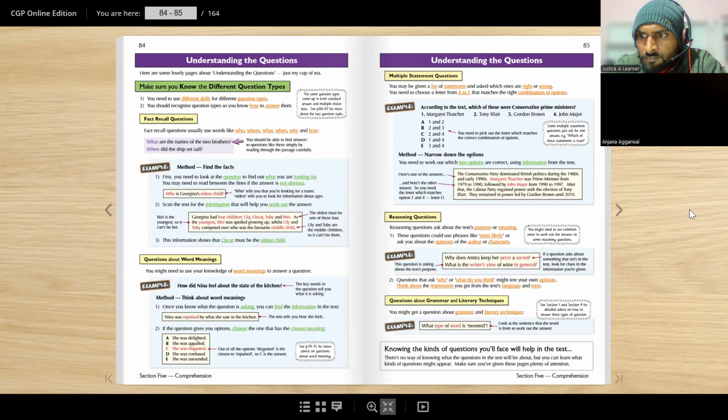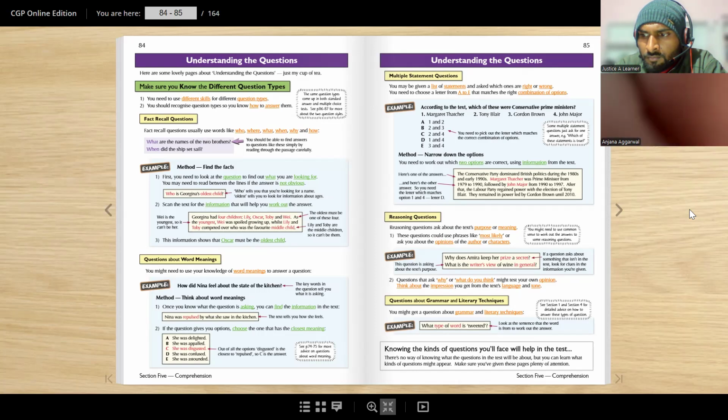The Conservative Party dominated British politics during the 1980s and early 1990s. Margaret Thatcher was Prime Minister from 1979 to 1990, followed by John Major from 1990 to 1997.